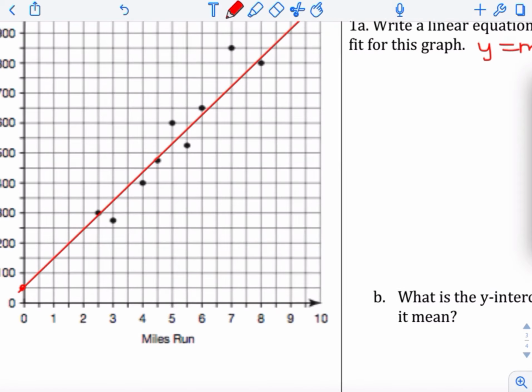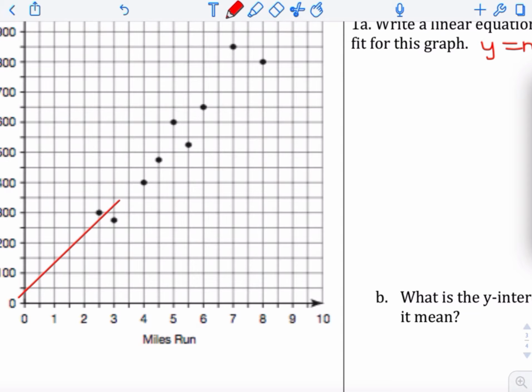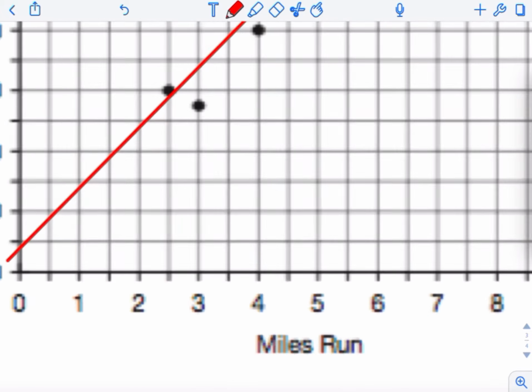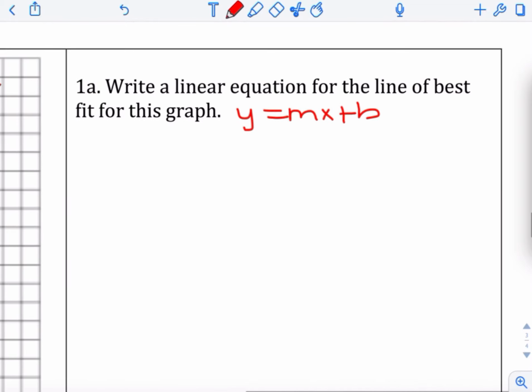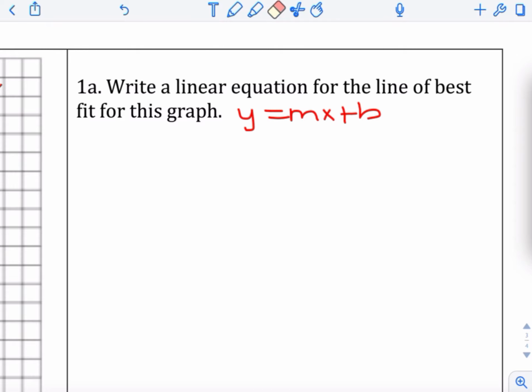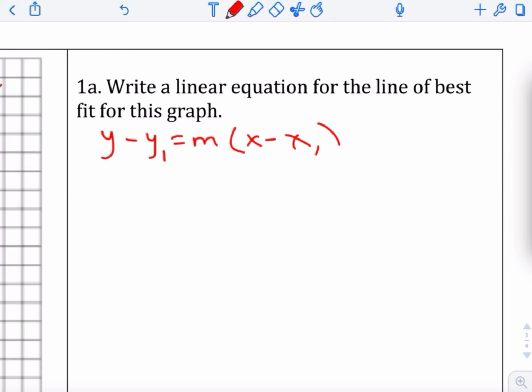Now, if I use something like this, where I'm not quite sure what this is, then instead of y equals mx plus b, I need to use point slope: y minus y sub 1 equals m parentheses x minus x sub 1.